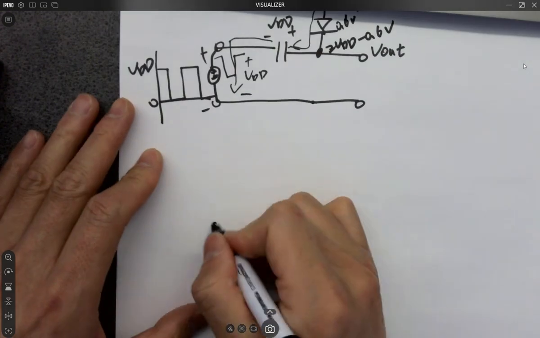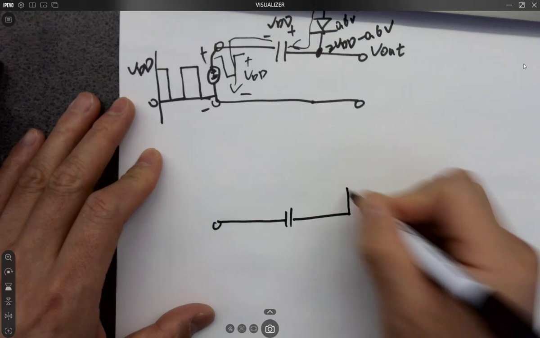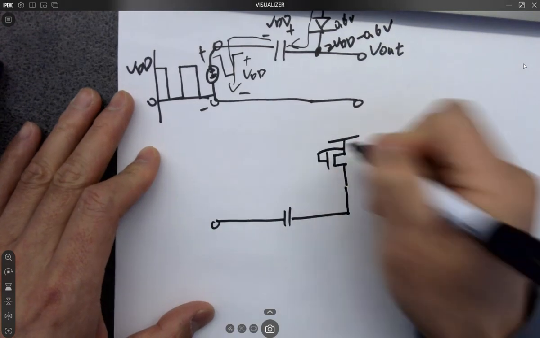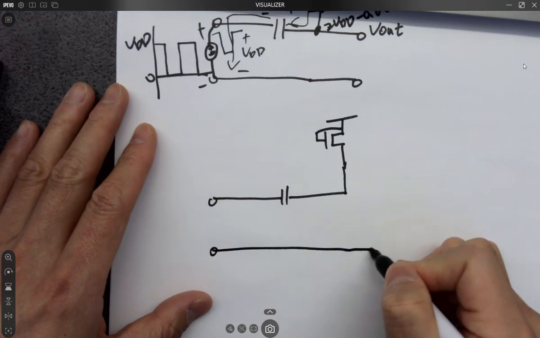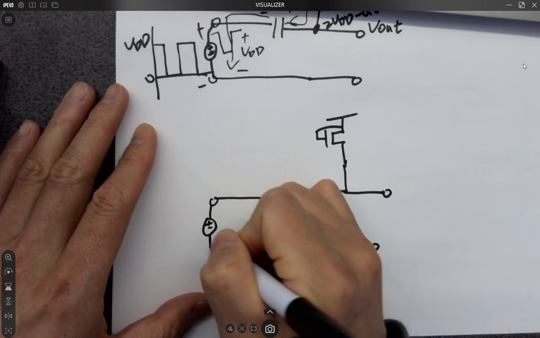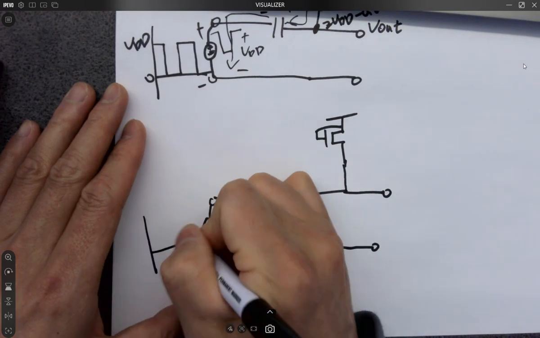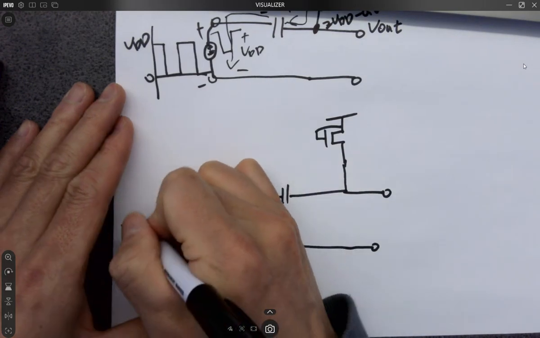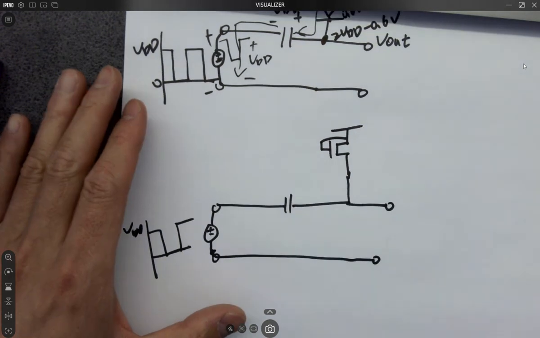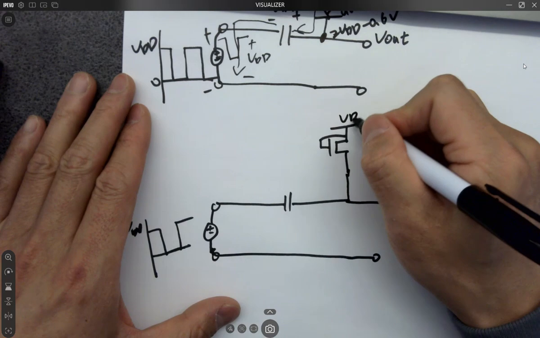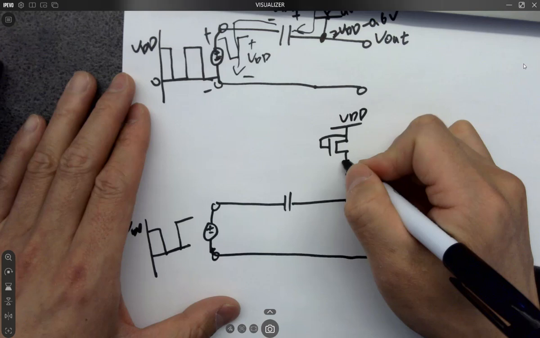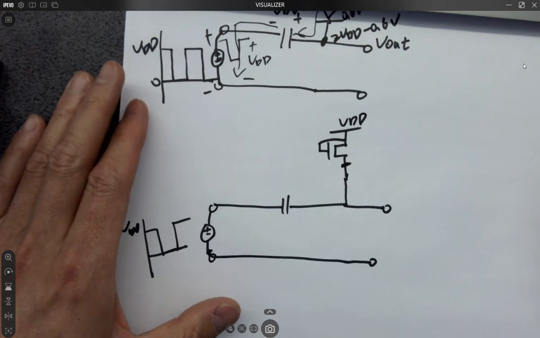Similarly, if you have a transistor here to replace that diode. So when this one pulls voltage from the source, what is the maximum voltage you can see here at the source of the NMOS transistor?